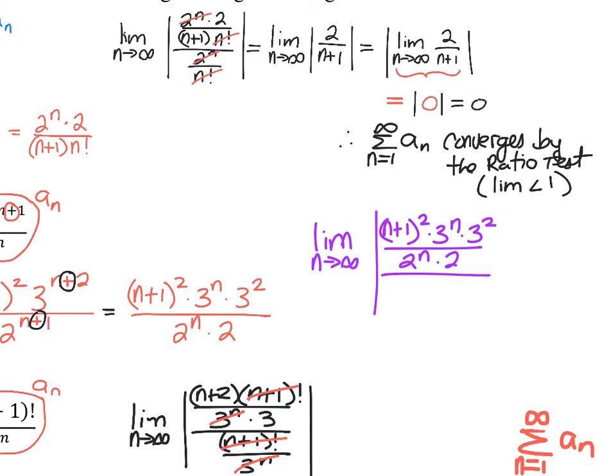On the fly here, I'm gonna break this up. So we'll have n squared times 3 to the nth times 3 to the first, or just 3, over 2 to the nth.